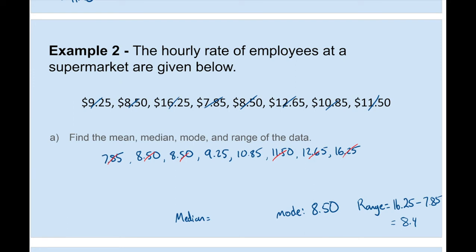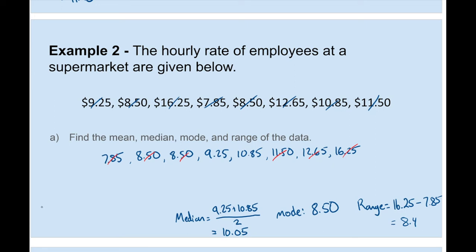So what we do now is we take our 2 middle values and find the average. So 9.25 plus 10.85 divided by 2, because again, the average is you add up the two numbers and divide by how many data points you have, sorry. So 9.25 plus 10.85 divided by 2, and we get 10.05.